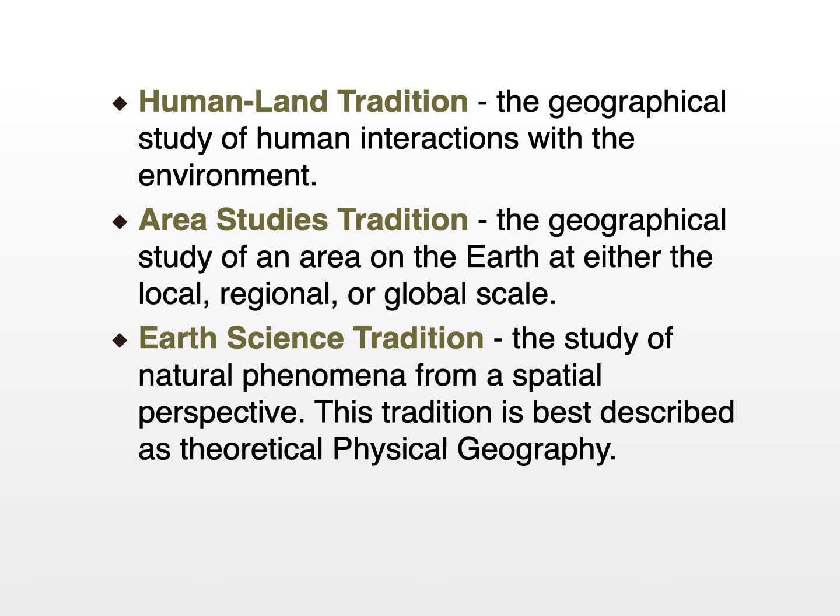Here, geographers study a specific area of the Earth, either at the local, regional, or global scale. So you could have an academic geographer who is an expert on Japan, or someone who knows everything about the city of New York.